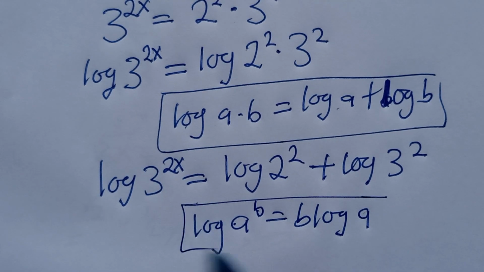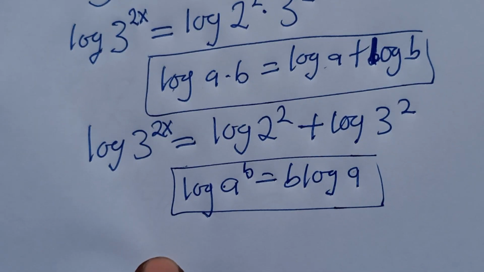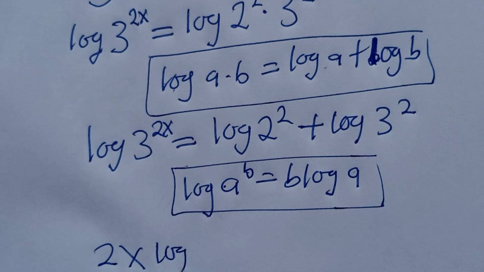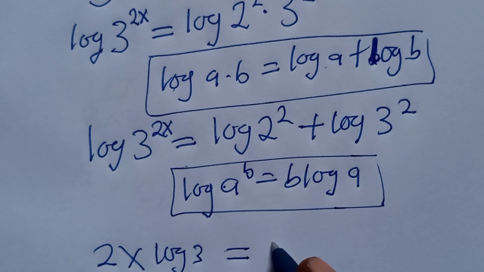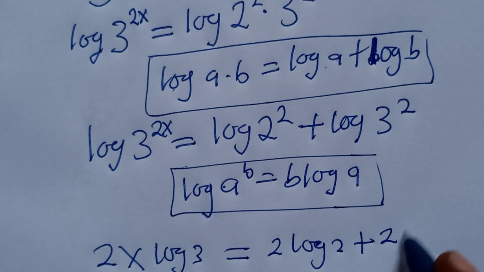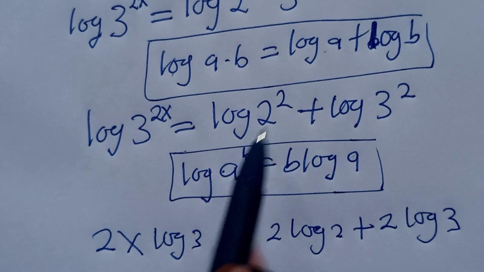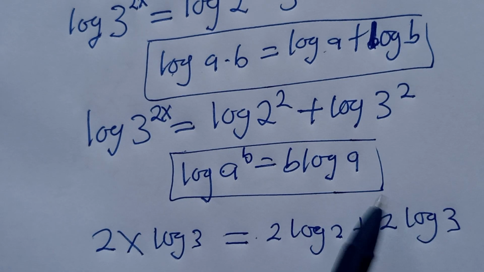Also applying this law here and on the right hand side, we'll now have 2x log 3 equals 2 log 2 plus 2 log 3. That is, bringing the powers down, and the same also here.